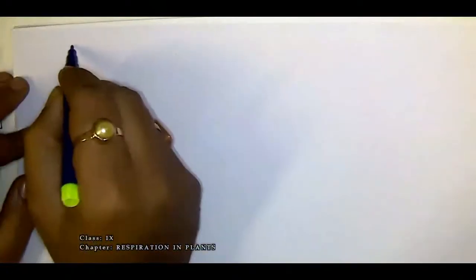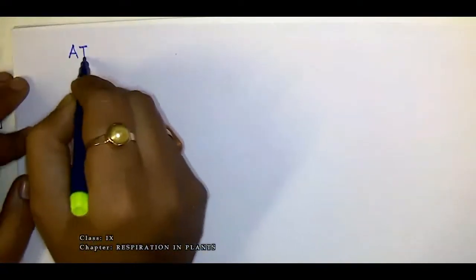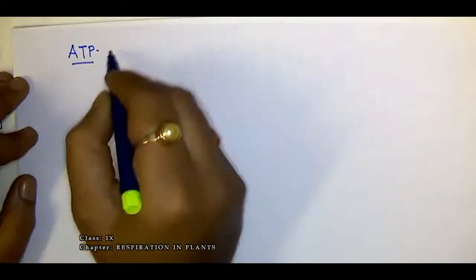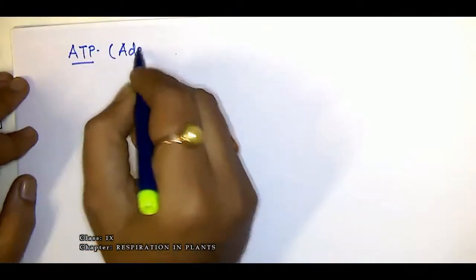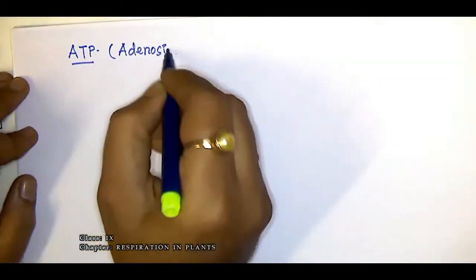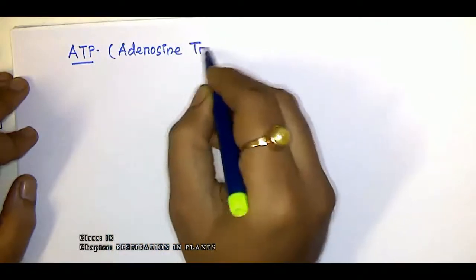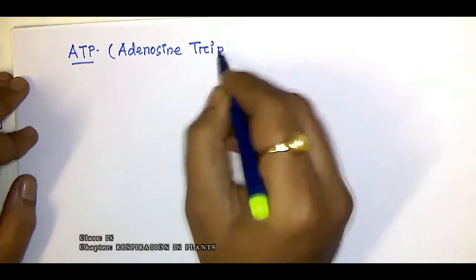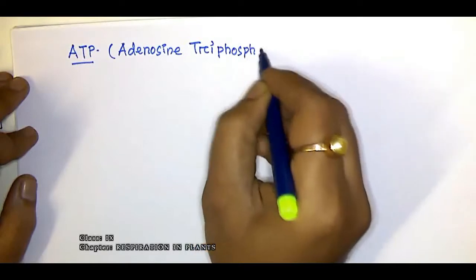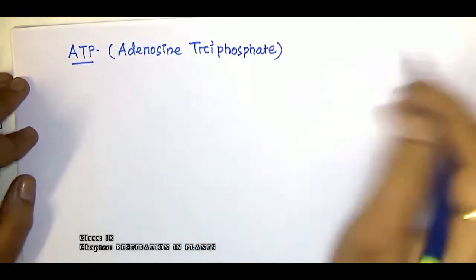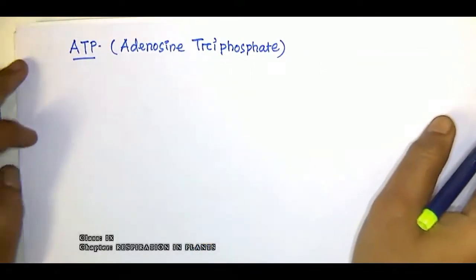Now I want to give you some idea regarding what exactly is ATP. So what is the full form of ATP? Adenosine triphosphate. Okay, it is adenosine triphosphate.